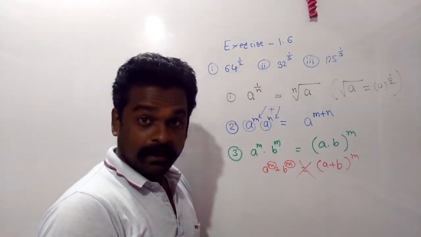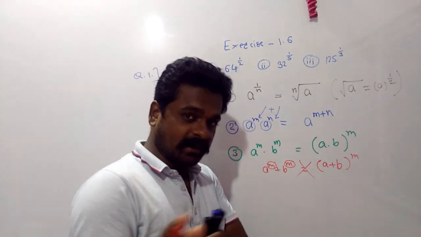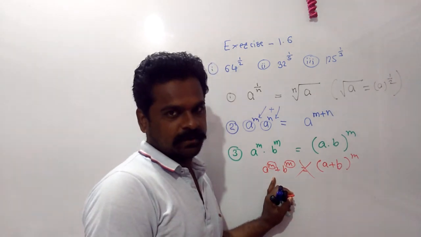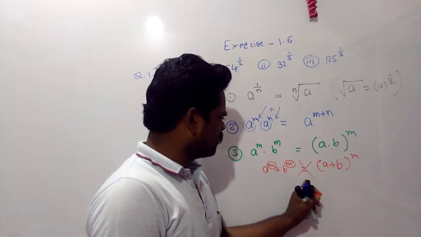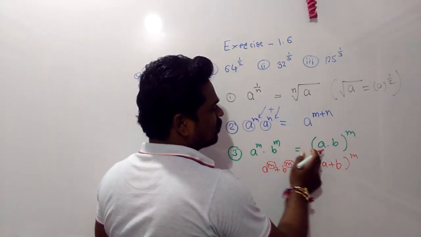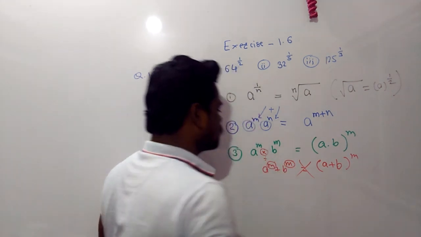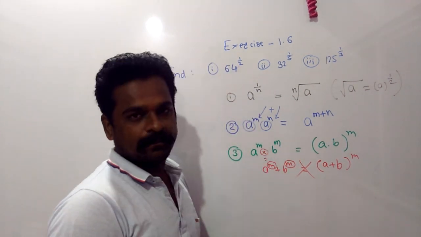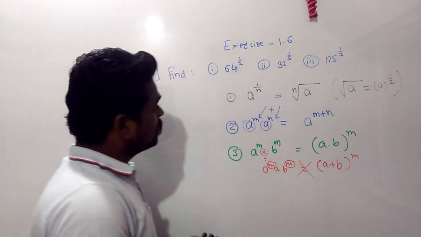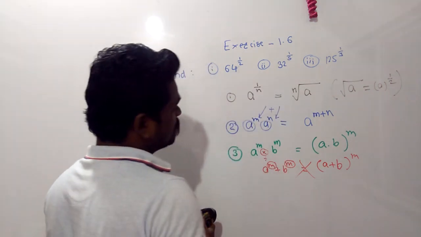Because if a plus sign is there, then we have to use a different formula, somewhat like binomial expansion, and we don't want that here. So a raised to m into b raised to m: whenever only a multiplication or division sign is there, you can use this formula of common power.